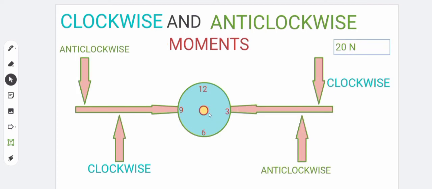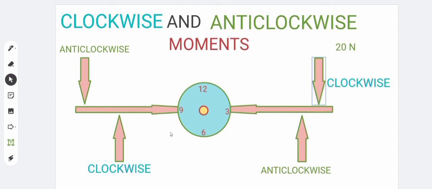Now you can clearly see that with respect to this fixed point and these two arms on the right and on the left, this 20 Newton force here and this one here will produce clockwise moment, because according to this fixed point, this force will rotate this arm in this direction, and this will also rotate this in this direction, which is the normal clockwise direction.